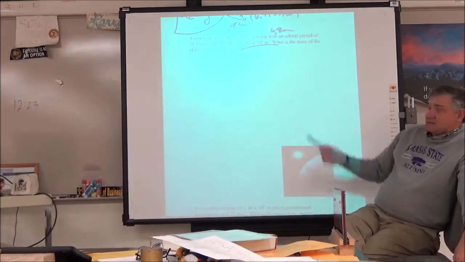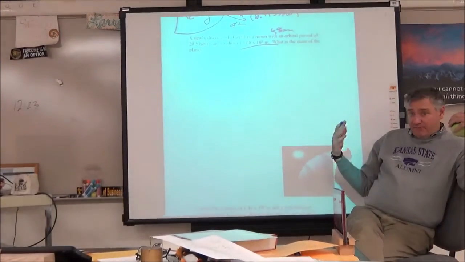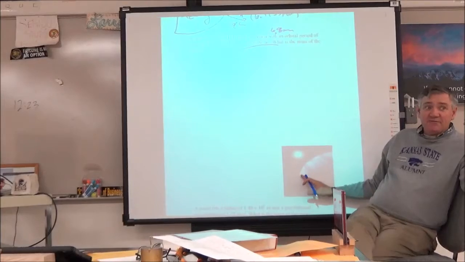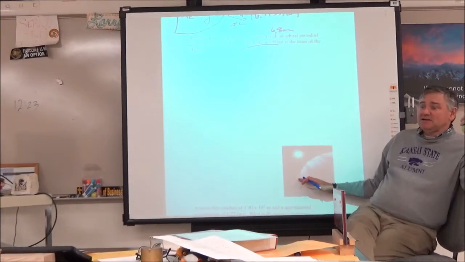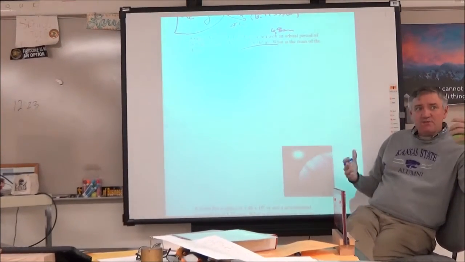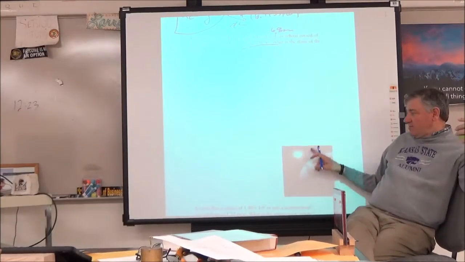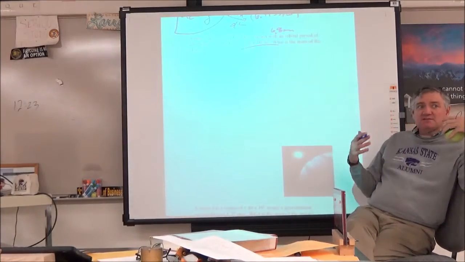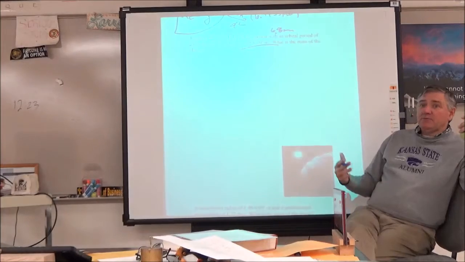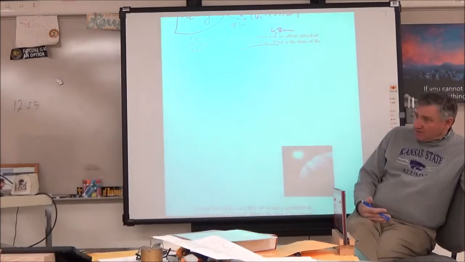So I want to find the mass of the planet, and this is very applicable. This is how we find the mass of planets: we obviously can't weigh the planets themselves. So we make observations about things that orbit them, and then we work backwards and we calculate the mass.